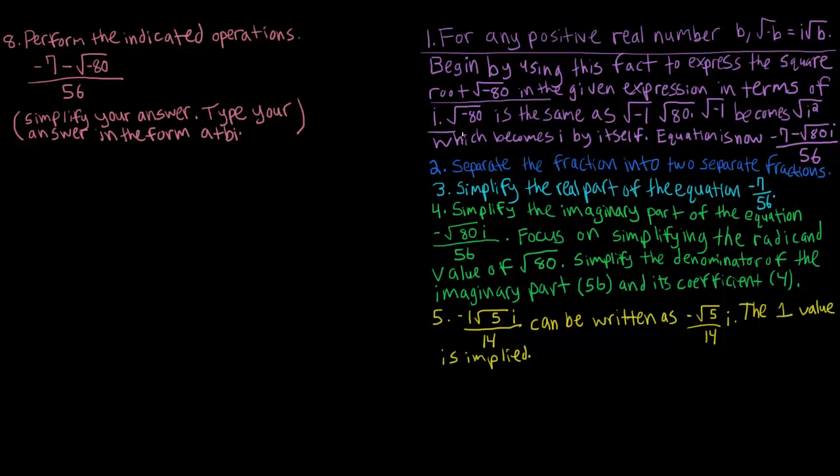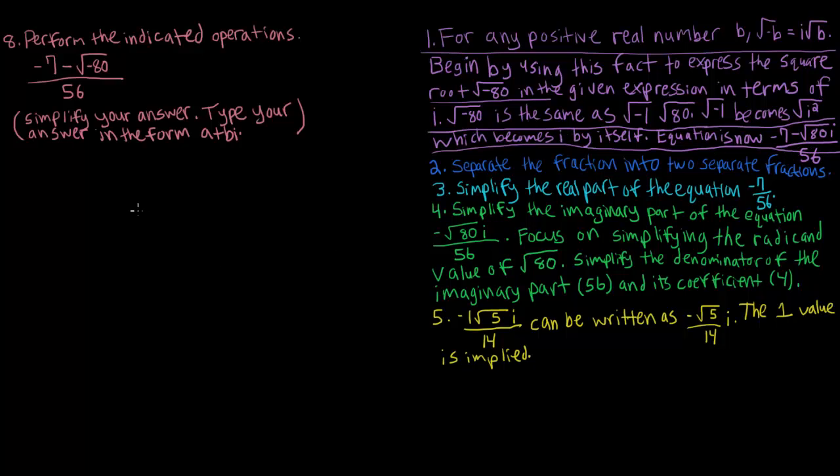of i. And the square root of -80 is the same as the square root of -1 times 80, and -1 becomes i squared, which becomes i by itself. The equation is now -7 minus the square root of 80 i over 56.